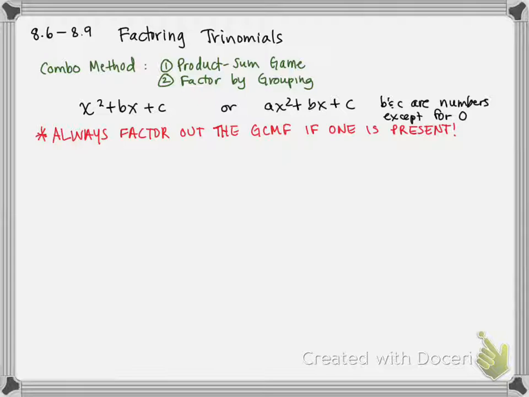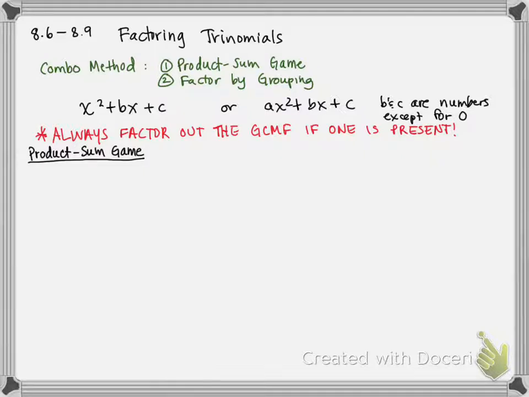So let's talk about the product sum game. I used to call this the Lattice Method, and I'll tell you why in just a second. On the right side I'll give you a demonstration, and the left side will be explaining in words.